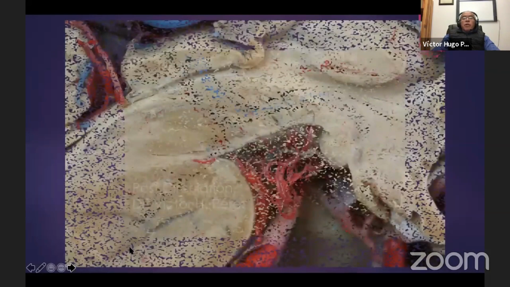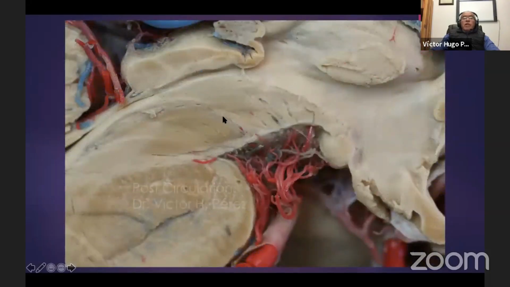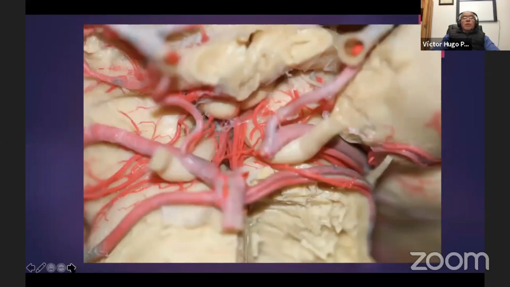This is a closer view in which we can see the trajectory of these small arteries coming from this segment of the posterior circulation, P1 and basilar tip.